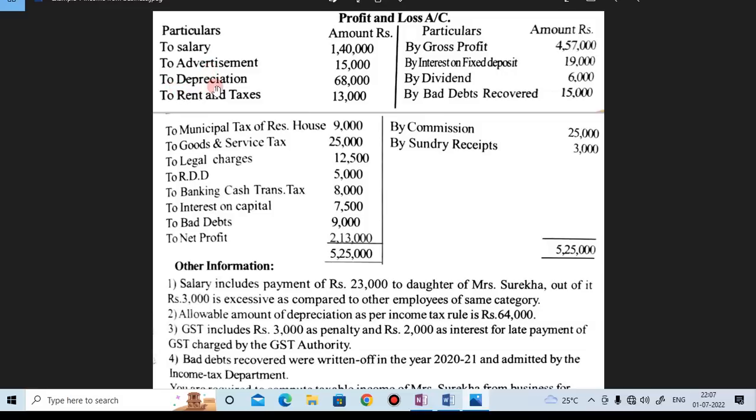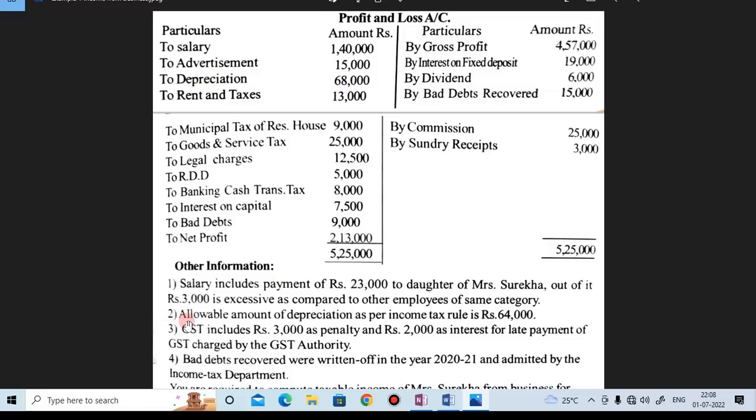Next is depreciation. Depreciation is how much? 68,000. Now there is some adjustment or additional information on depreciation. See the second point: depreciation in the P&L account is given as 68,000.